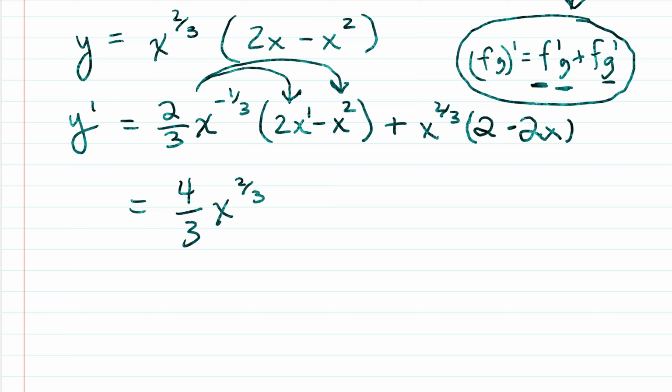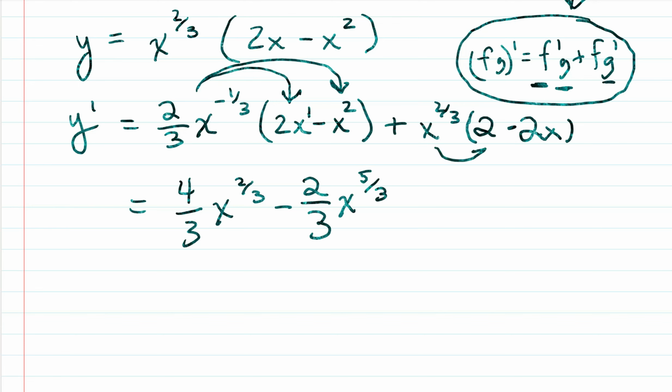And now we're going to distribute 2/3 x to the negative 1/3 times negative x to the second power. So that's going to be a negative 2/3, and it's x. And then again, we're adding the exponents, negative 1/3 plus 2. 2 is really 6/3. So negative 1/3 plus 6/3 is 5/3.